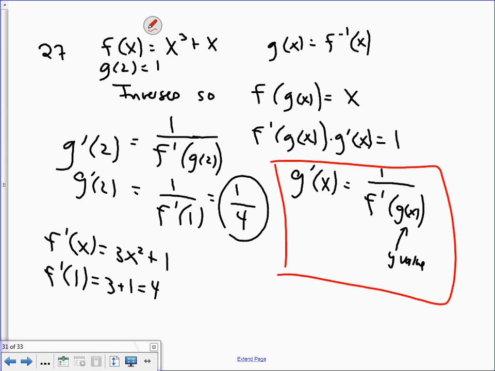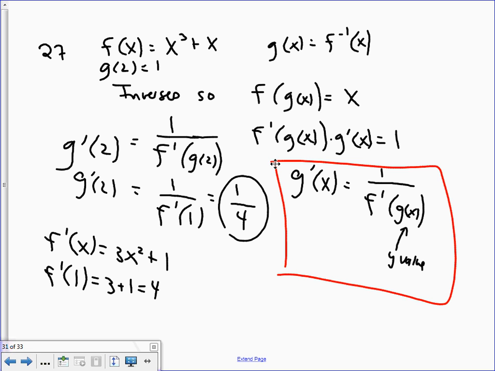When they ask you to find, let's say, in this one they said, what is the derivative of the inverse of f, which they call g, at 2? It's going to be 1 over f prime of a different number, okay? But realize it's the reciprocal of the derivative of the function. Now, you have to figure out what number you plug into the derivative of the original function.